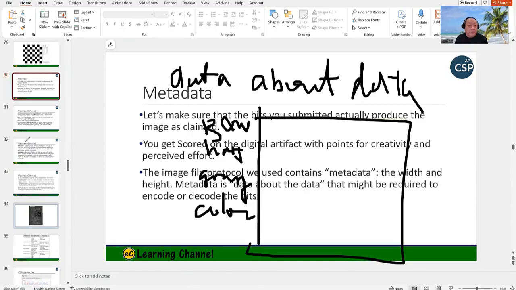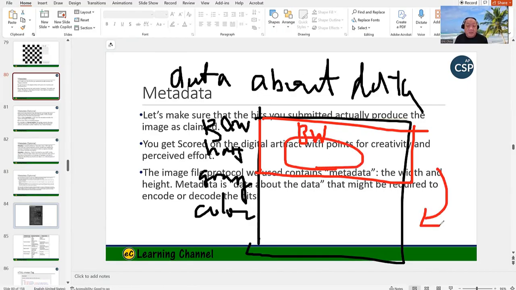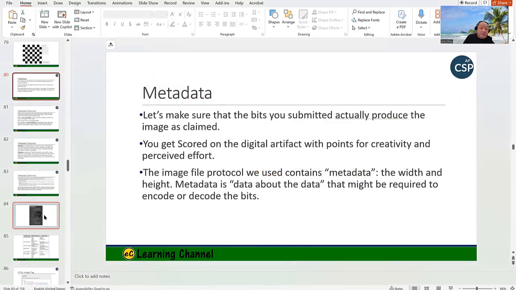We don't know, right? So in the header portion, in the beginning part of the file, it will tell you it's a black and white, or it actually is a color JPEG, or any kind of data. This data about the data is called metadata. So description of the file is called metadata. Is okay?